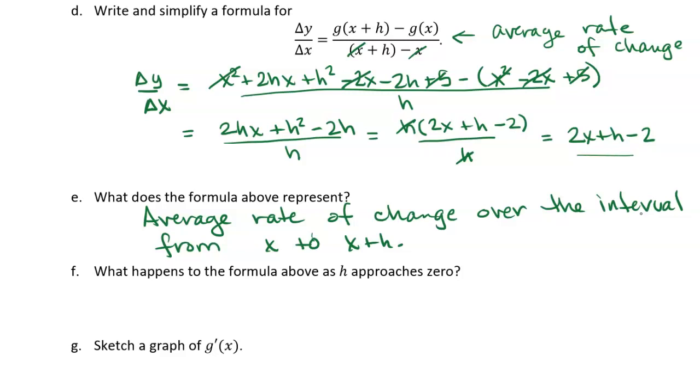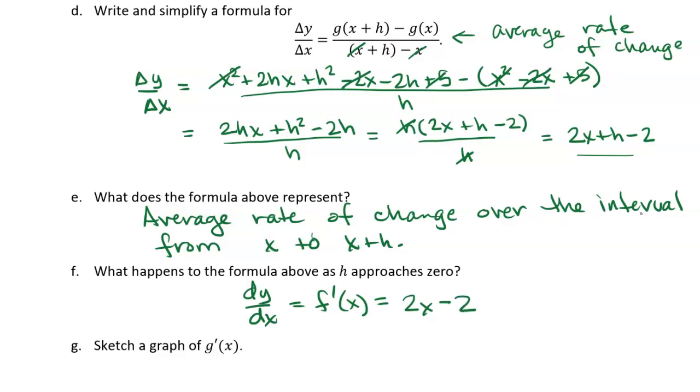If h is 0, then we get the instantaneous rate of change. This becomes dy over dx. These are differentials. This is the instantaneous rate of change, which could also be written as f prime of x. And so h is going to 0, so we just have 2x minus 2.